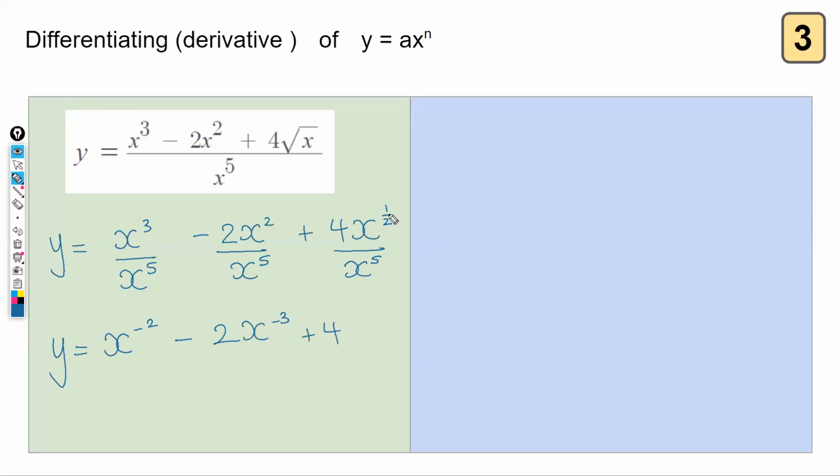Plus 4, and x to the power half minus 5 is x to the power minus 4.5. So now each item is separated. All of them are separated from each other. Now you can just take your time and differentiate each one of them individually. Throw the power in front, minus 1 from the power.